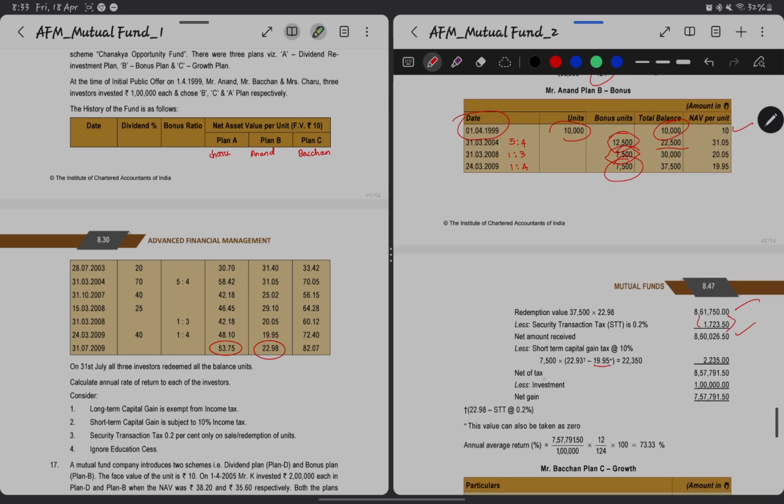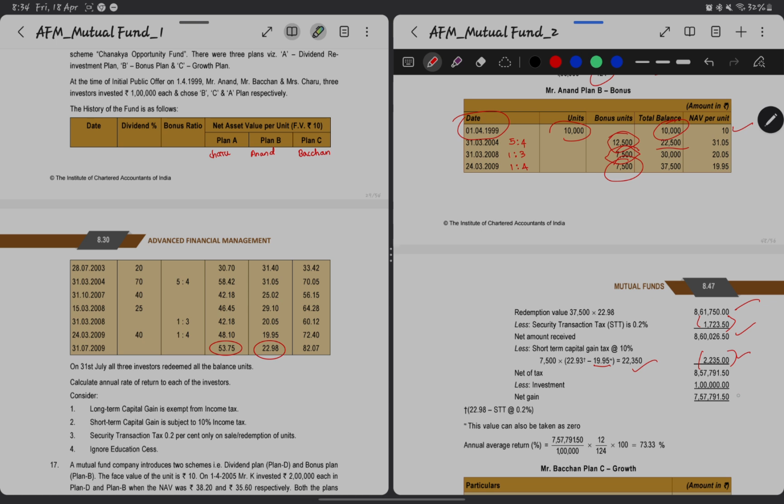Coming back to the solution, 7,500 multiplied by 22.98, the NAV as on that date, minus 19.95, the NAV on which we got the bonus shares, will give us the gain. Then multiply 10% tax on it, 2,235 will get reduced. So net of tax 8,57,791.